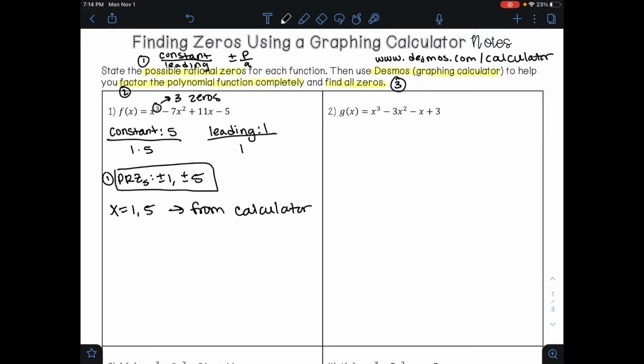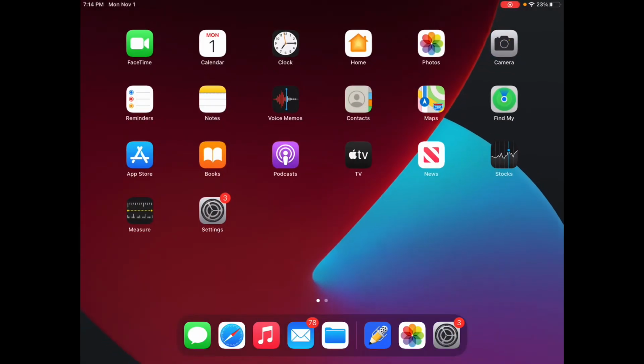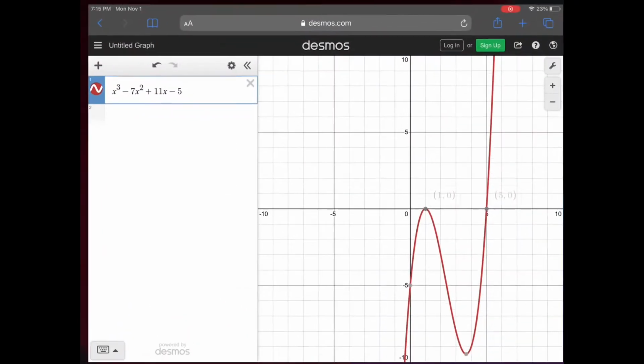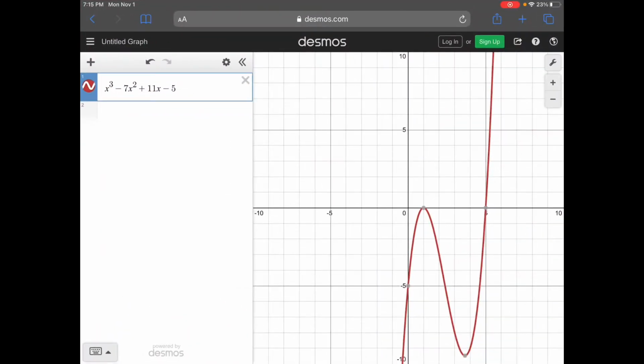Well, I know that there's 2 zeros, right? So that's 1 is a 0 and 5 is a 0, so that's 2. And I need 3. If you think back to our very first day of the unit, we learned that whenever we have a tangent, that's when the graph touches and turns around, like how it does here at 1.